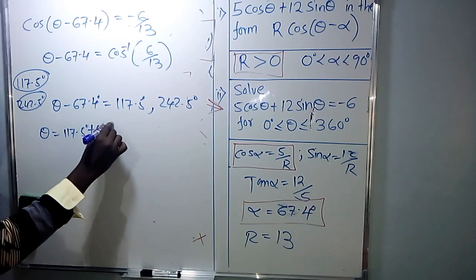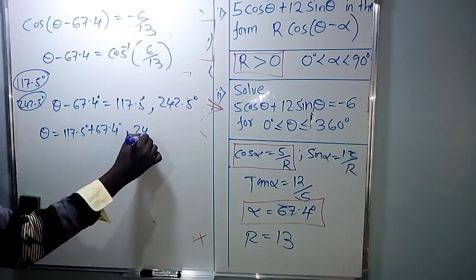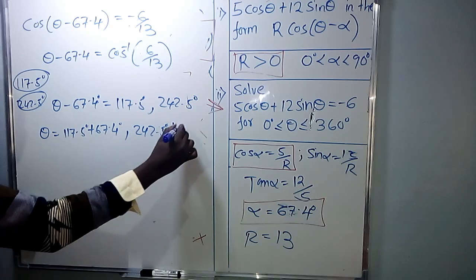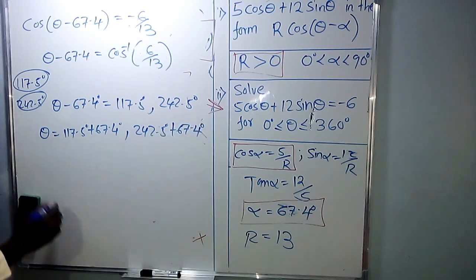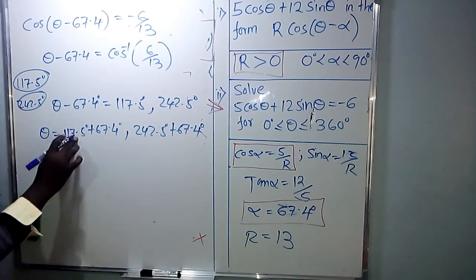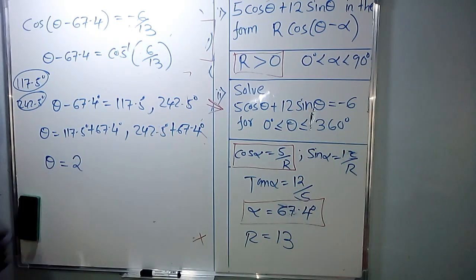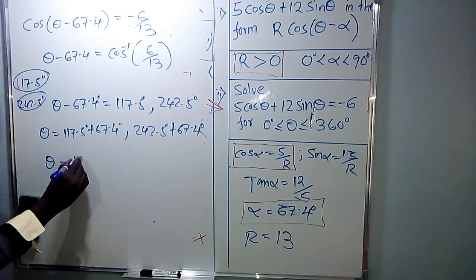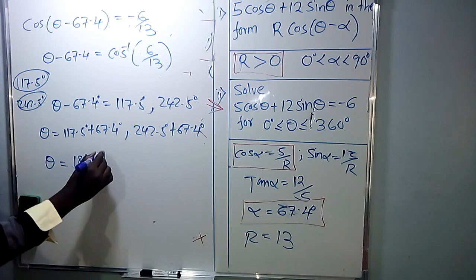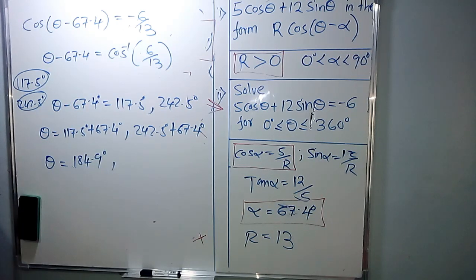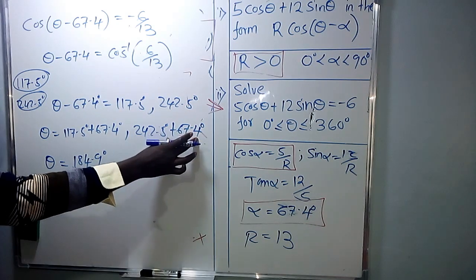So what is our angle theta? Start by adding the first one, 117.5 degrees plus 67.4 degrees. We have 184.9 degrees, comma, 242.5 degrees plus 67.4 degrees.